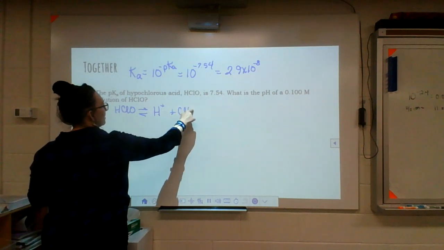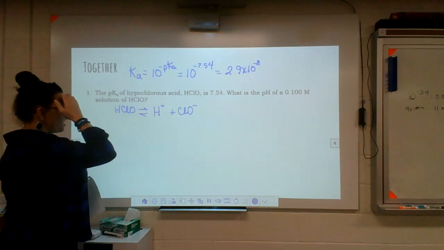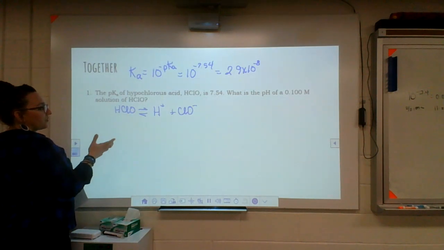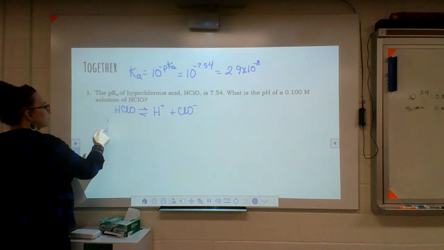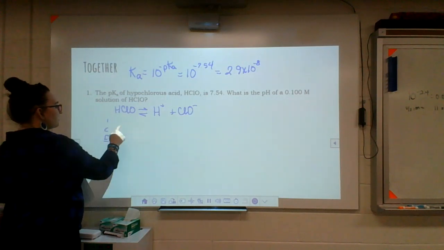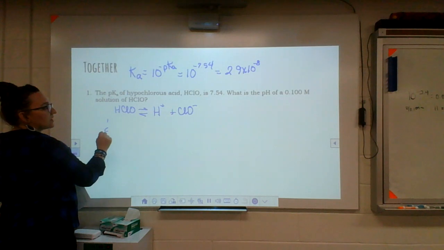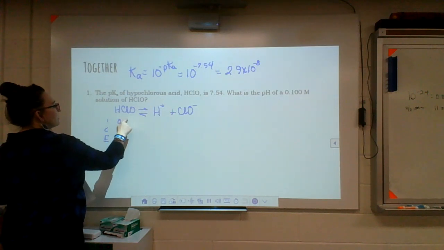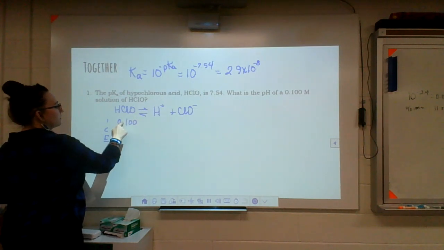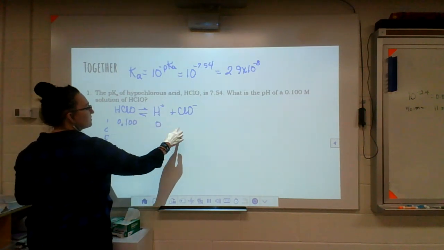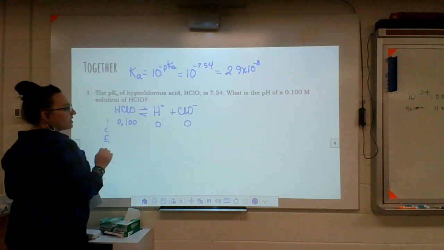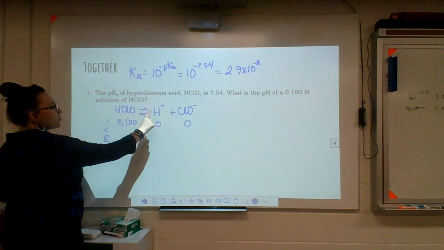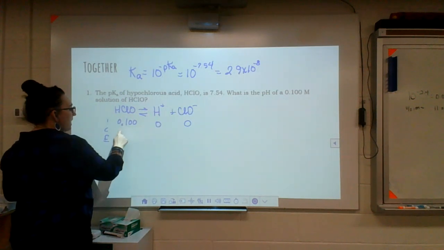So my initial concentration of HClO is 0.100. My initial concentration of the hydrogen ions is 0, and the hypochlorite also 0. Since I have a 1:1:1 mole ratio, I will have just 1x for each of these. And so at equilibrium I'll have 0.1 minus x, x, and x.